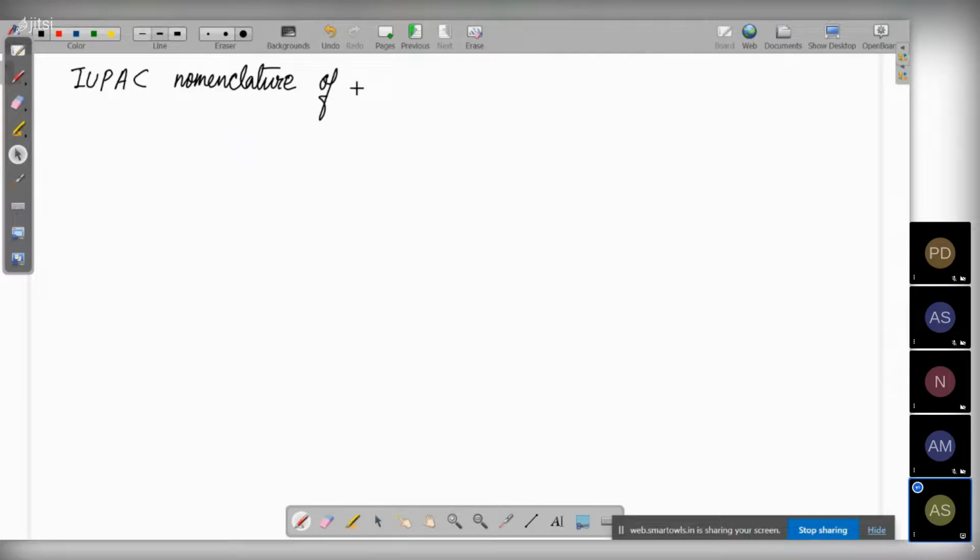IUPAC nomenclature of super heavy elements, that is Z greater than or equal to 100. So let's see how we name elements which have an atomic number greater than 100. If the atomic number of the element is greater than 100, how are you going to name this element? Let's see how we name them.